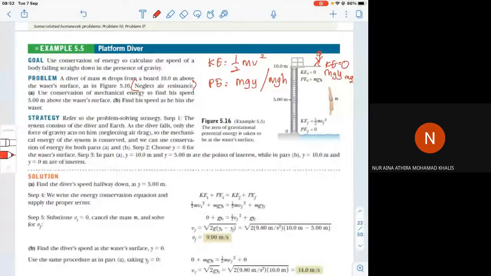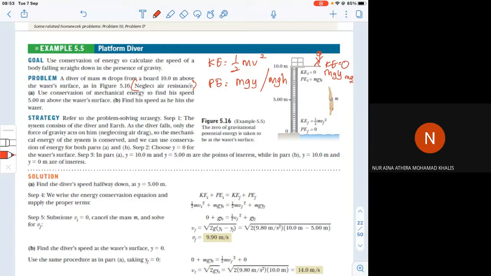When he dives to the surface of water, the height of the diver will decrease from time to time until it reaches the water surface. So the potential energy is maximum at the highest point, but at that point the diver is not moving. Because of that, the kinetic energy will be 0.